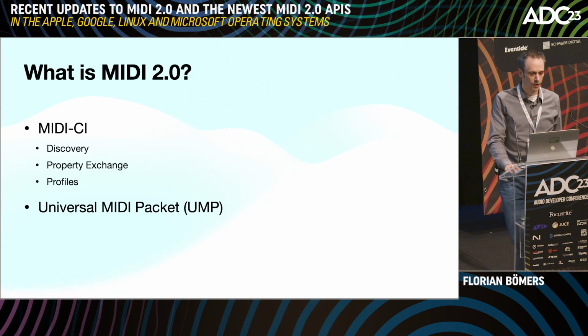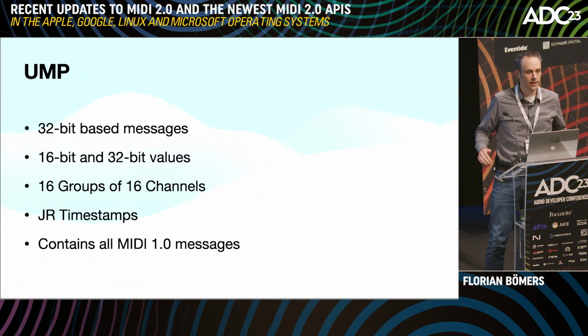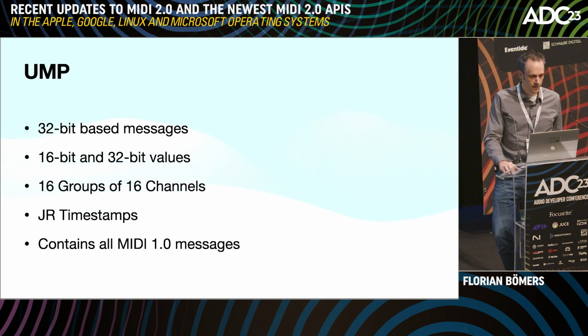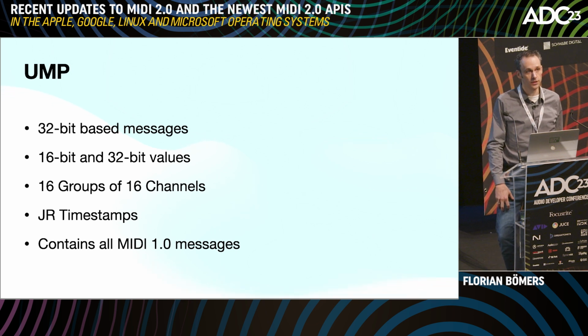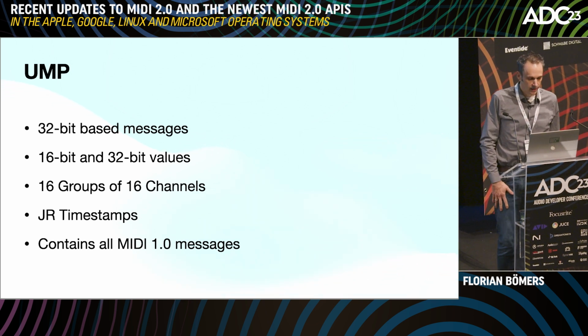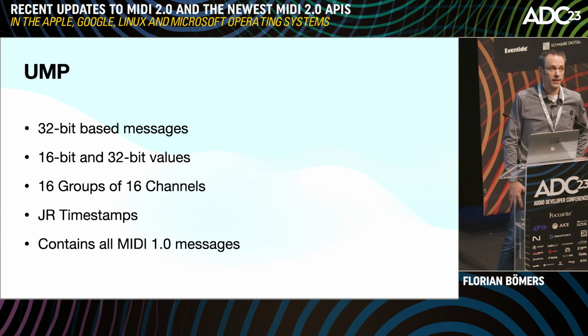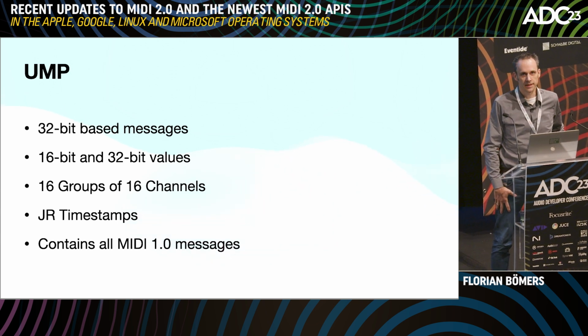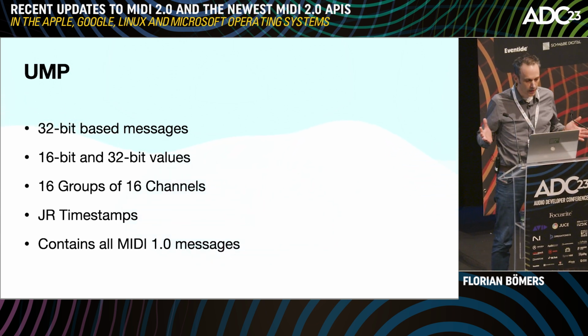And the second big part of MIDI 2.0 is the Universal MIDI Packet, which is really the new protocol that you would associate with MIDI 2.0. It uses 32-bit based messages, so it's a container format. All values in UMP are 16-bit or 32-bit. In addition to the 16 channels in MIDI 2.0, it consistently provides 16 groups, so you can have much more channels.